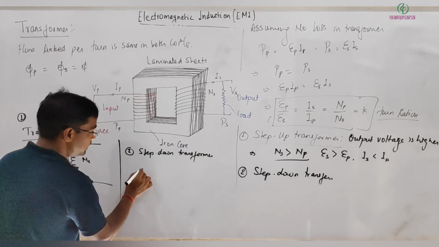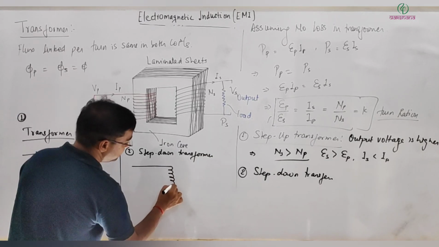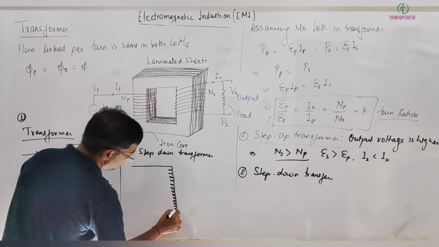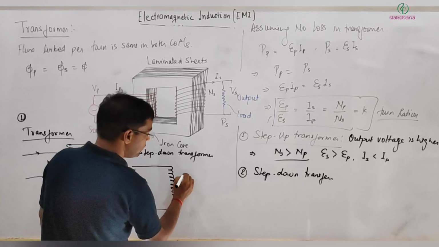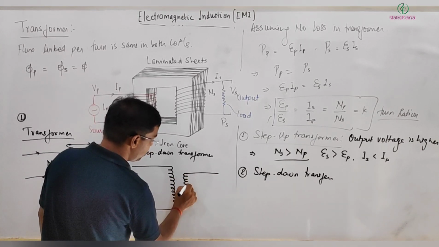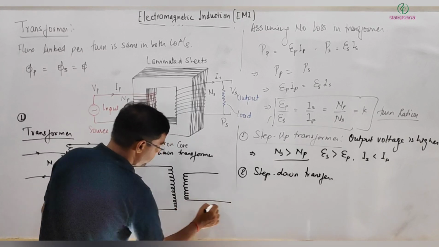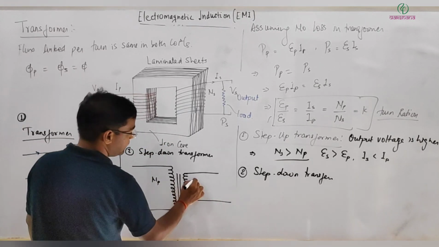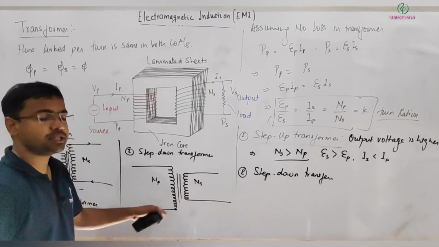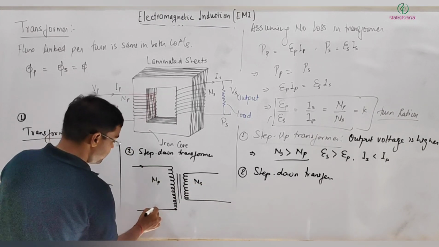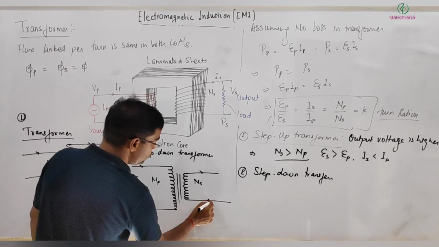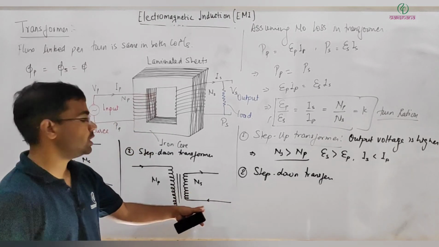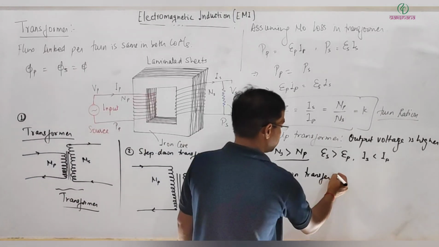The number of turns in the primary coil will be higher than the number of turns in the secondary coil. You can see the number of turns in the primary is more than in the secondary, so the output voltage will be smaller. So this is a step down transformer.